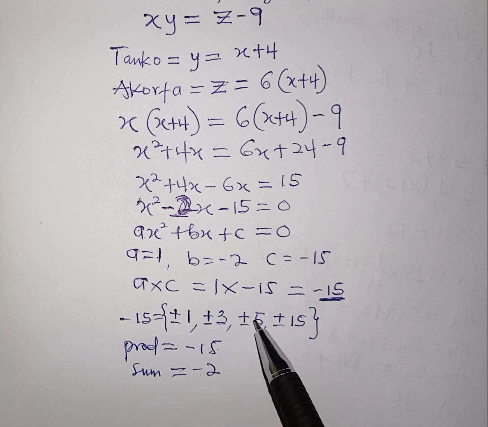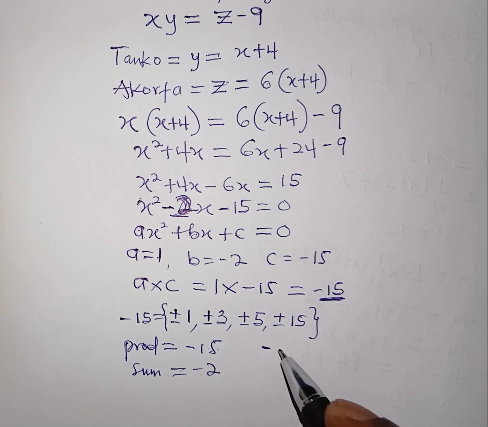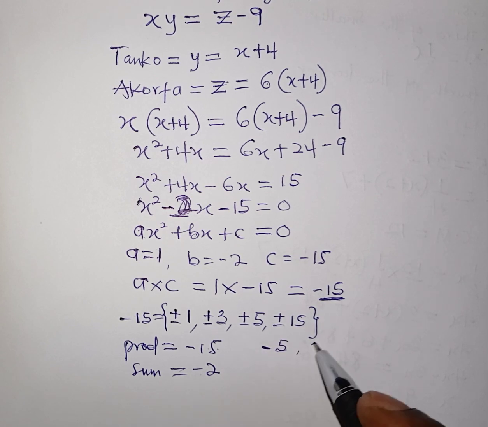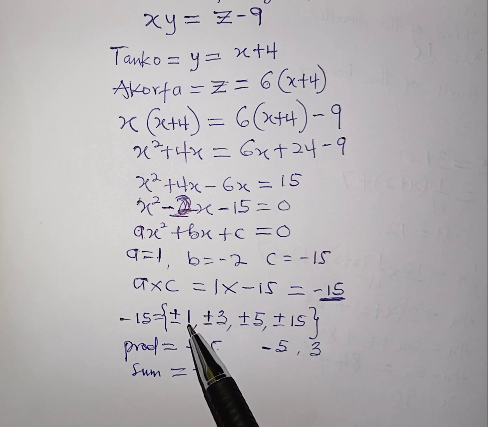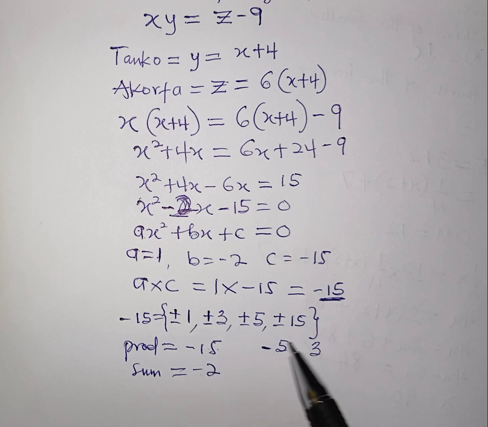If that's the case, then we can pick negative 5 and pick what? Positive 3. That is why I told you that the factors we are finding are both positive and negative, because there are times that all negative can work, all positive can work, or either negative or positive, like this case.